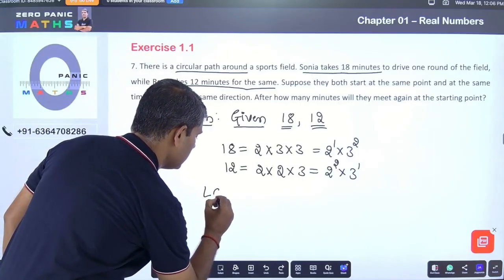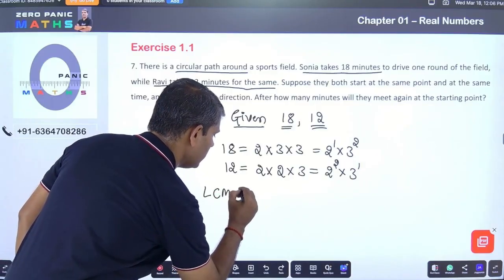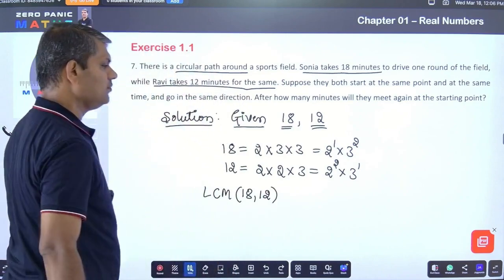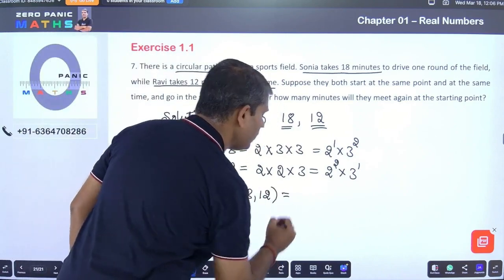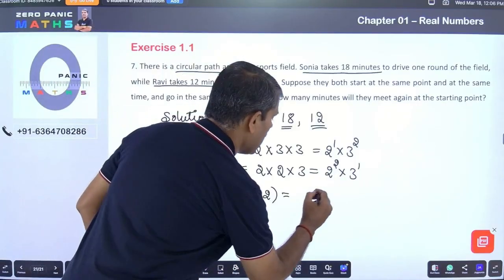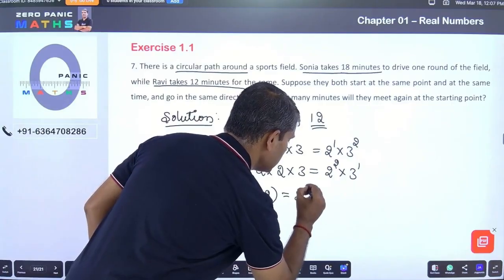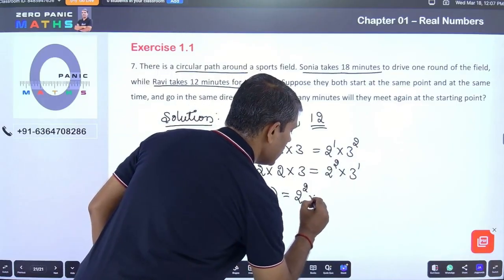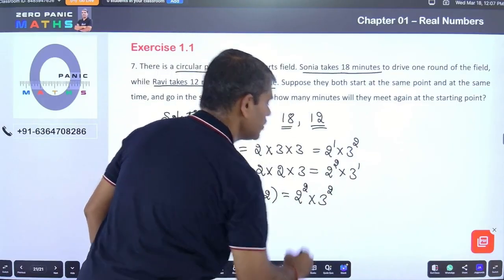Okay. Now, how do I find out the LCM? LCM of 18 and 12 is equal to all factors with highest power. You remember the LCM. All factors, that is 2 to the highest power 2 and 3 to the highest power 2.